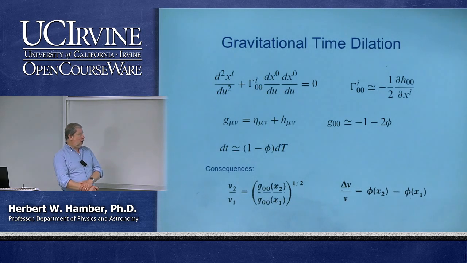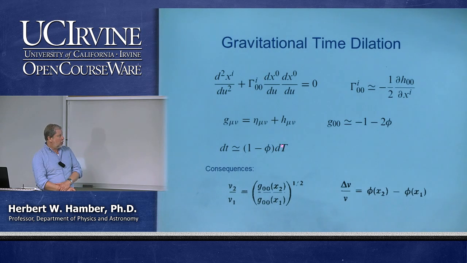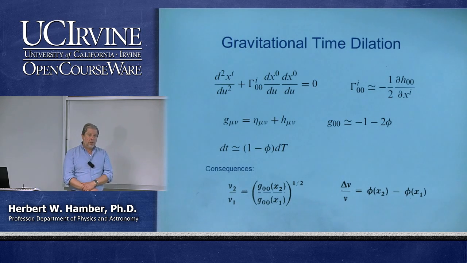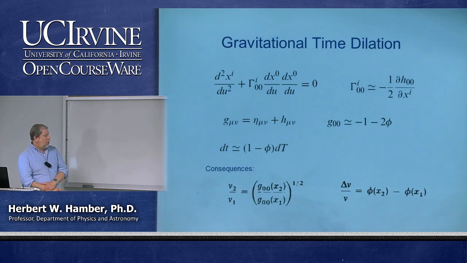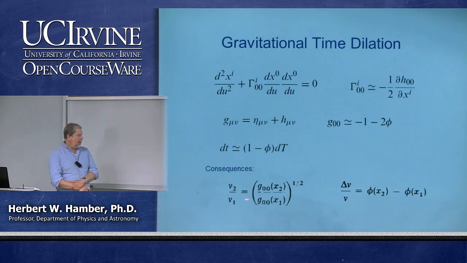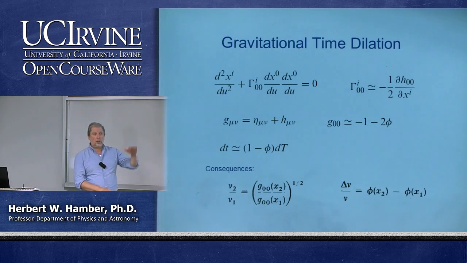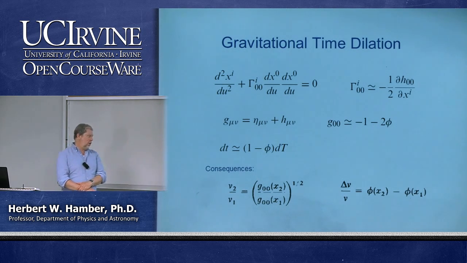And we end up with a result that looks like this, where the time in one frame is related to the time in another frame, say the intrinsic time of the clock, by a factor that involves the gravitational field, say on Earth, right? Which is something that we can easily establish. And so the consequence that we saw in the last lecture was that you can now write down the frequency shifts for different clocks located at different heights, for example, and therefore in different gravitational fields.